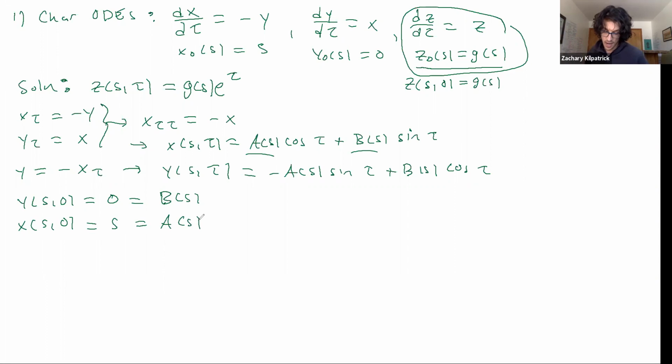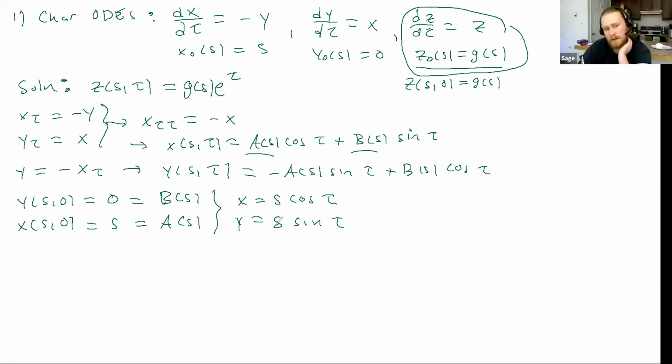So at the end of the day, what we get is that x is equal to s cosine tau, and y is equal to s sine tau. So sorry, minus. I think the signs above are wrong. Sign on this. Yeah. That's, I knew I screwed something up. Okay.